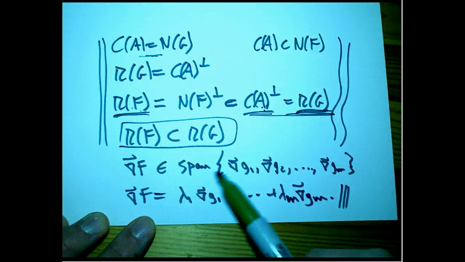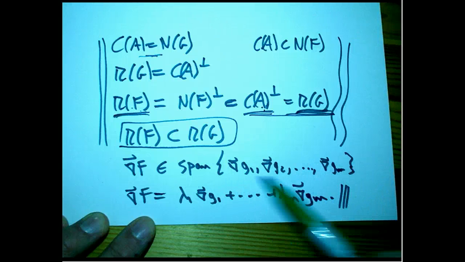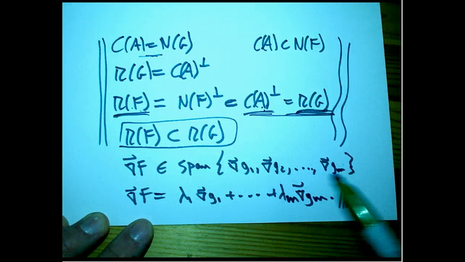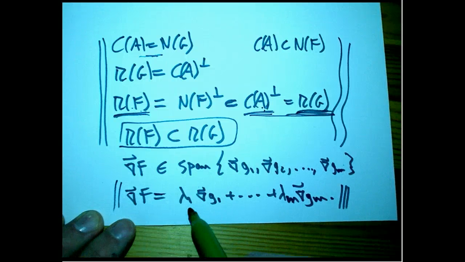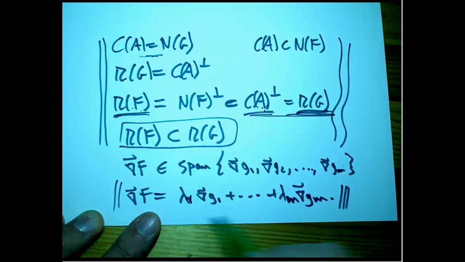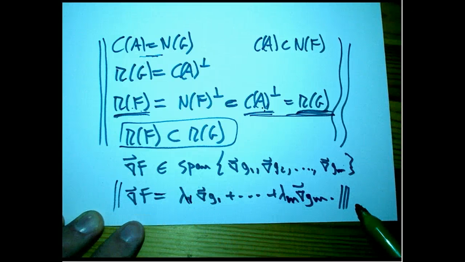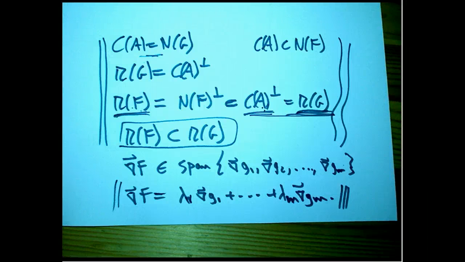So that is in the span of the rows, and the rows of G are just the gradients of the constraint functions. So very explicitly it says the gradient of F is some linear combination of the gradients of G with some unknown coefficients lambda 1 through lambda m, and those are the Lagrange multipliers. There's the story. I might make some other comments, but that really completes at least the proof of the main theorem.